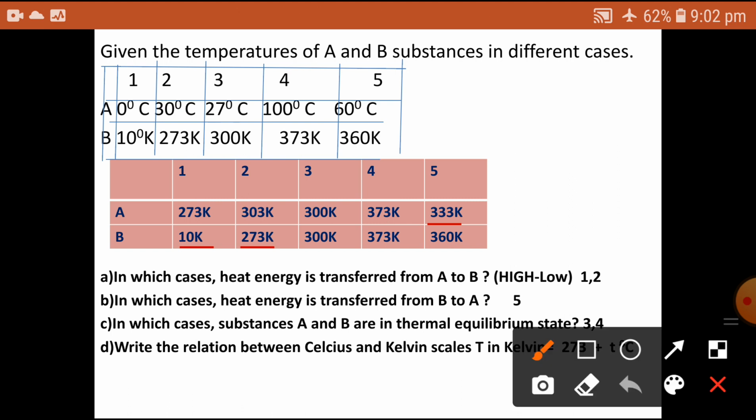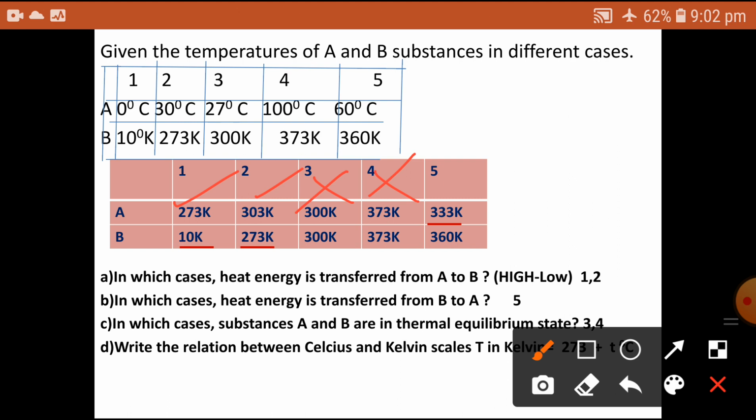Let us see. Here A is at 273, B is 10 K. So A is at higher temperature. From A to B, the heat will transfer. Here in the second case, 303 and 273. So A is at higher temperature. And in the third case, if you see, both are at the same temperature. So they are in thermal equilibrium. In the fourth case, A is at 373, B is also at 373.